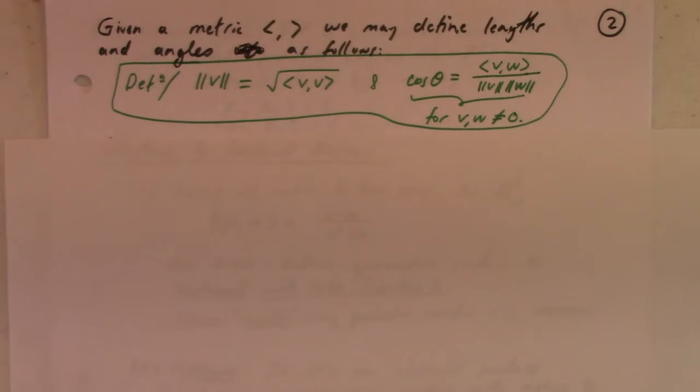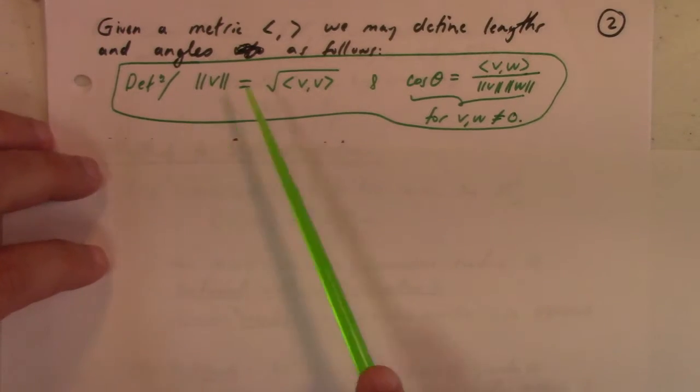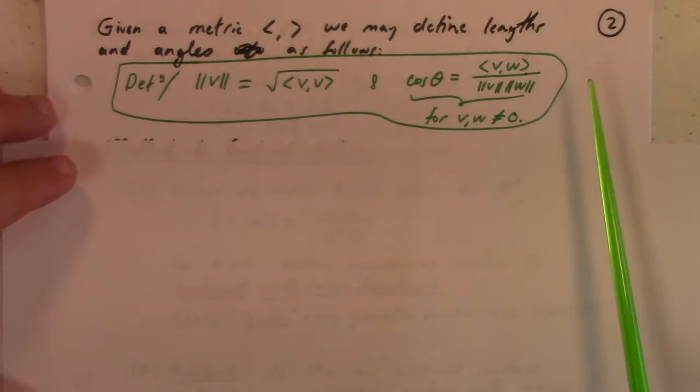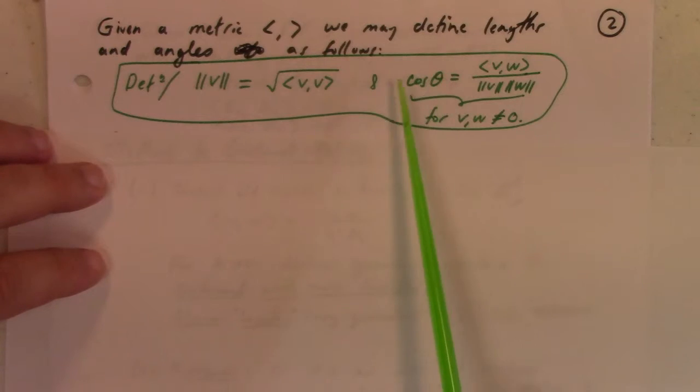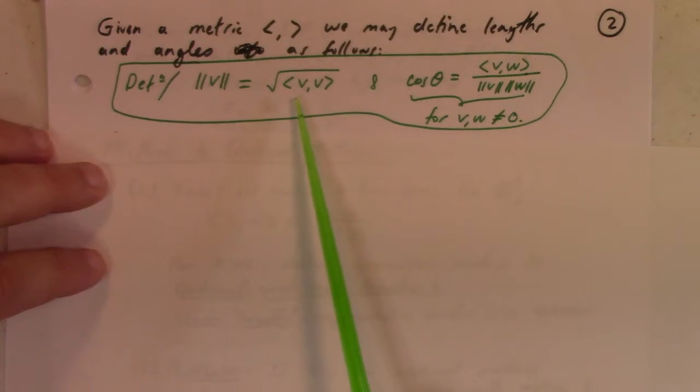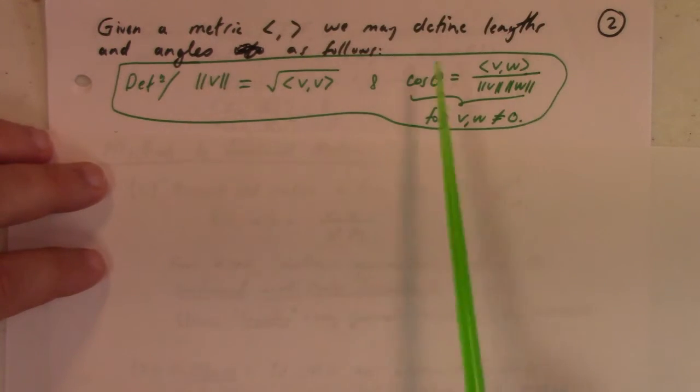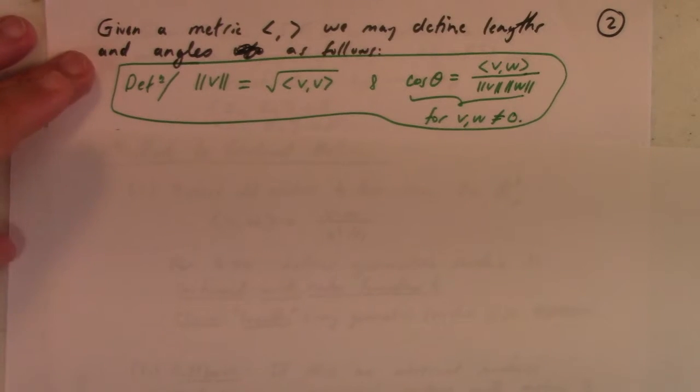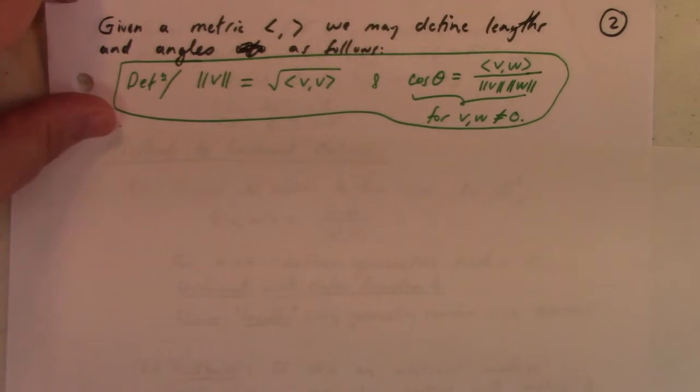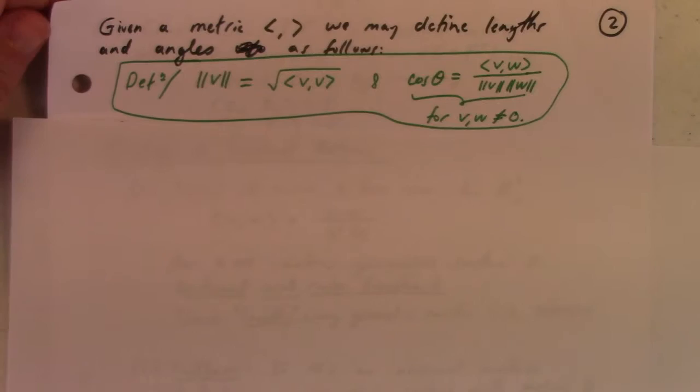So anyway, some notation. We can define, of course, the length of a vector and the angle between vectors in the tangent space of a geometric surface in the same way we did. We just replaced dot products with the new metric, right? And there's also all kinds of really snazzy new ways of creating new metrics from old.